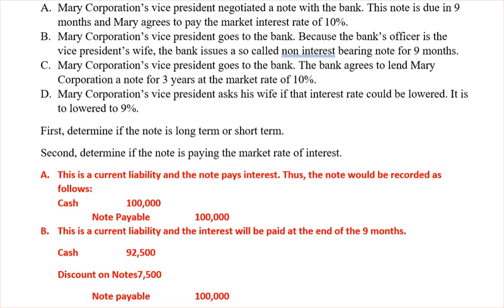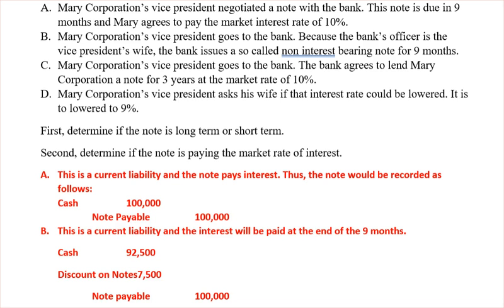All right, so now we have a discount, and what needs to happen to the discount? This is another important distinction between last chapter or last module and this one: the 7,500 needs to be removed equally over the 9 months. There's no effective interest method used here because there's no present value calculation here.